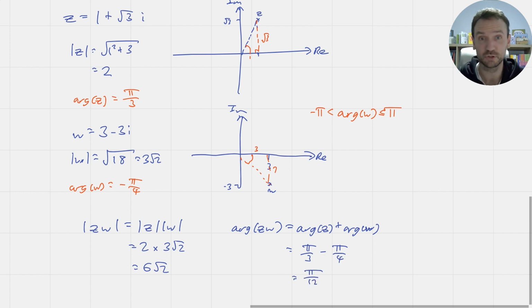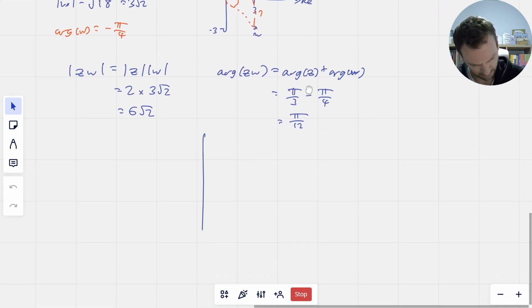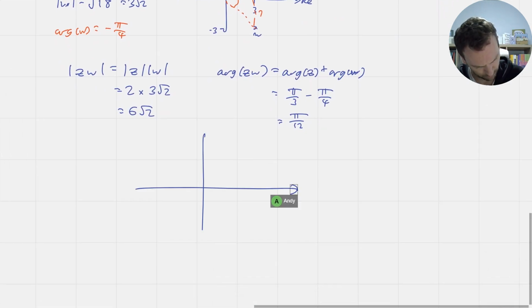If you were asked to now draw zw on an Argand diagram, then we wouldn't need to work out what the two parts were originally. We know we're looking for a point where the angle anticlockwise from the real axis is pi over 12. So that's going to be a fairly small angle there. I'm just going to label it as pi over 12, and where the length is 6 root 2.